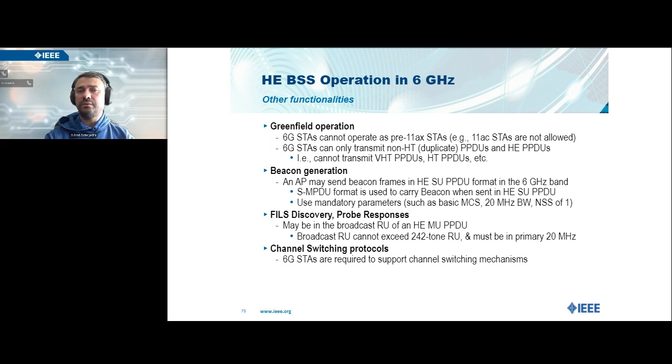And also here, there is a requirement of basic MCS and NSS equal to 1. And another part: in order to allow switching between different bands, channel switching protocols also are required to be supported for 6 gigahertz stations, which is not the case in general for amendments prior to 11ax.